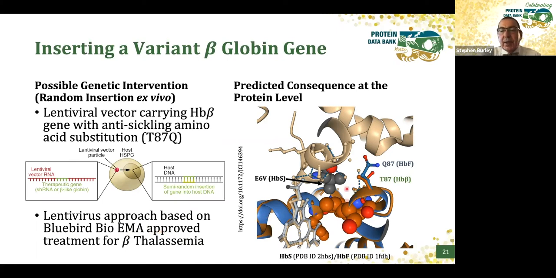And the reason that glutamine 87 is effective is that, even though the valine is still present in the hemoglobin S gene, the glutamine 87 variant that is normally seen in hemoglobin F will block the productive interaction between two different copies of the hemoglobin tetramer and prevent sickling.